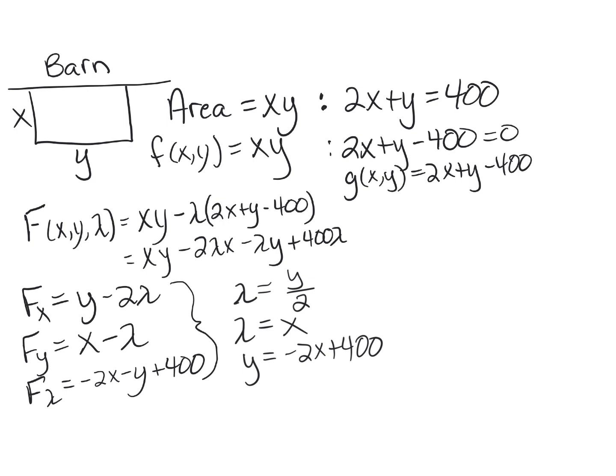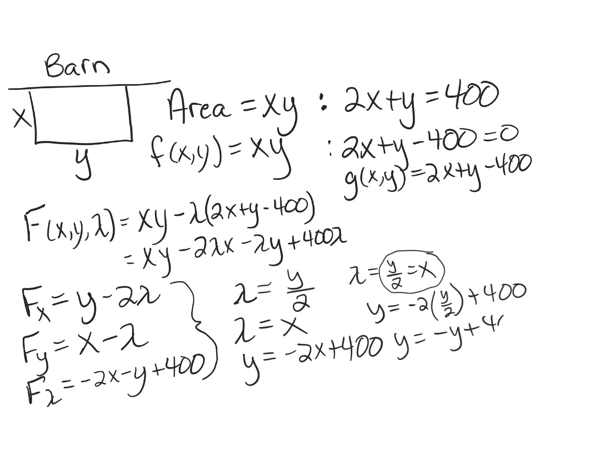Now, using these three equations, lambda equals y over 2, which equals x, so y equals minus 2 times y over 2 plus 400, so y equals minus y plus 400, 2y equals 400, and y equals 200. Booyah.